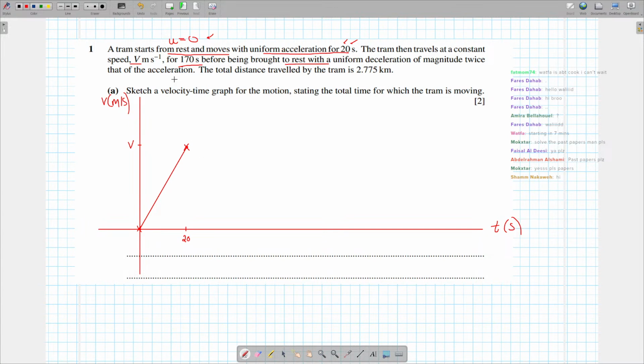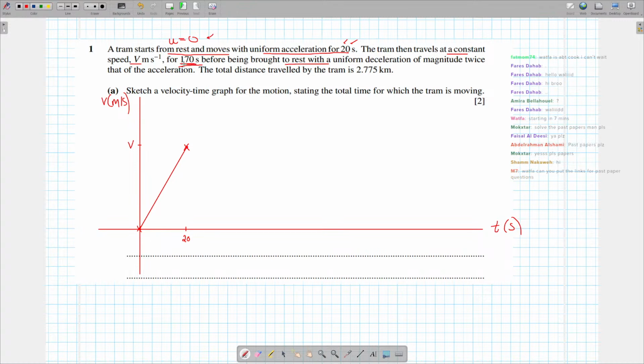After it reached this speed, it stays at this constant speed for 170 seconds, right? Does it mean that it finishes at 170? No. That means for 170 more seconds. So now we're at 20. The second time is going to be 20 plus 170, so it's going to go until about over here, maybe 190.